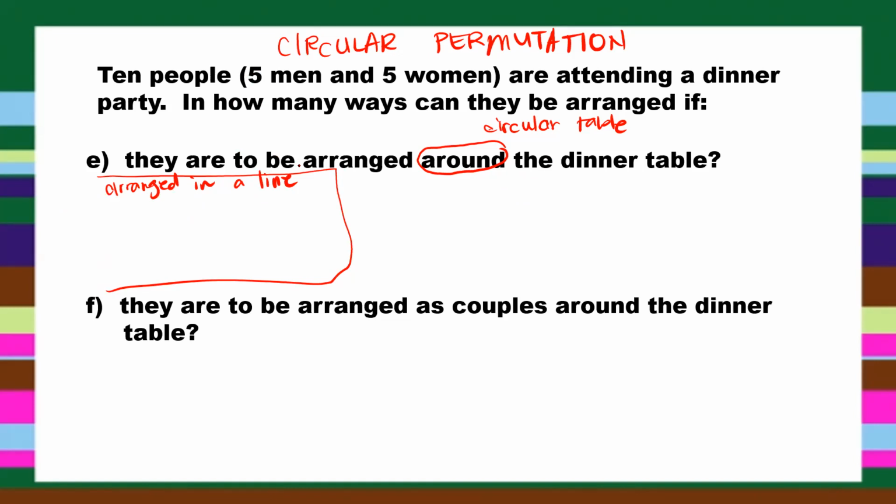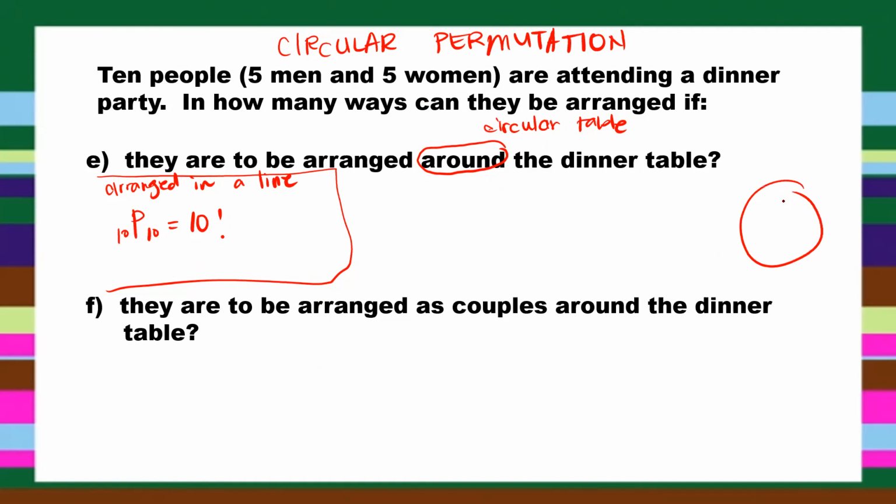So kung arrange in a line yan, at 10 persons ang meron tayo, or 10 people ang meron tayo, we simply solve it this way, right? That's 10 factorial. And it gives you the answer. While if they are arranged in a circular table, what you need to remember is that instead of 10, you are going to assign one person to be the starting point.